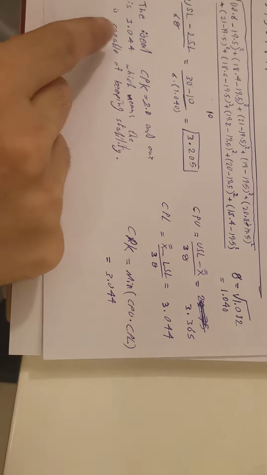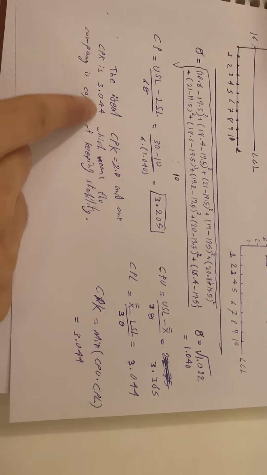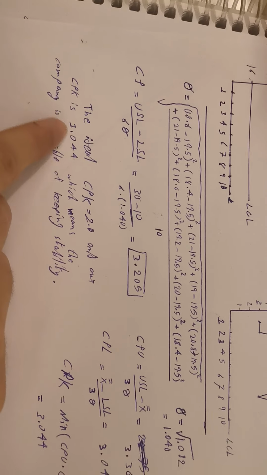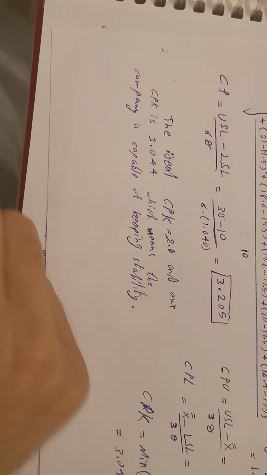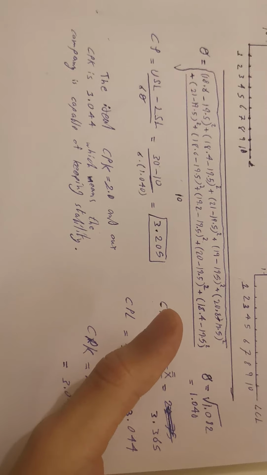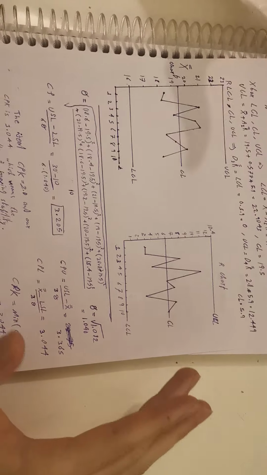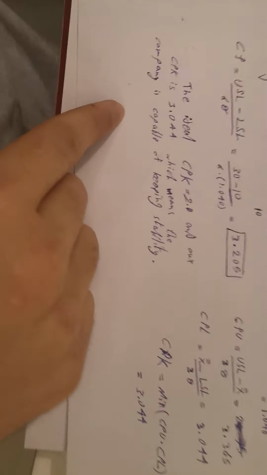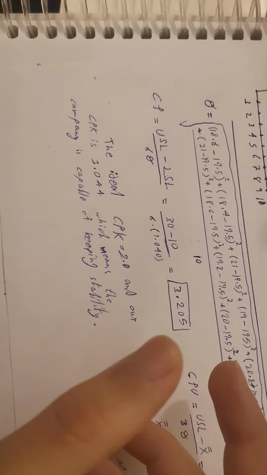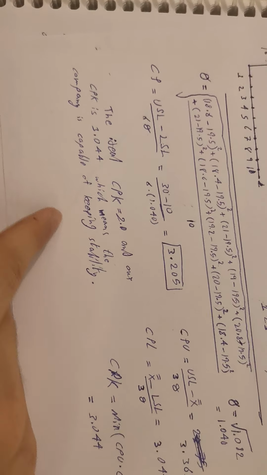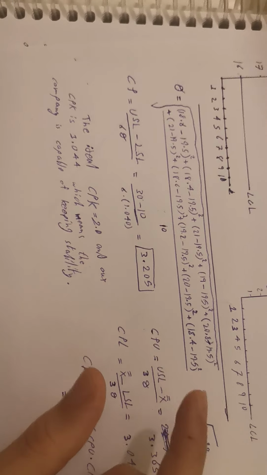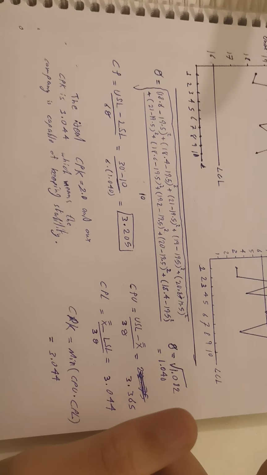What it means is that, as you can see here, the ideal CPK is 2.0, which is a given. And our CPK is 3.044, which in this case means that, let's say as an example, it's a company, this company is capable of keeping stability. And if they were lower than 2.0, it means that it's not capable of keeping stability.